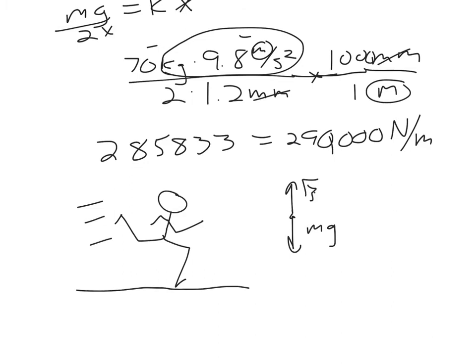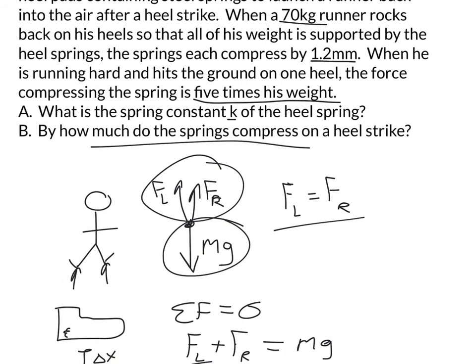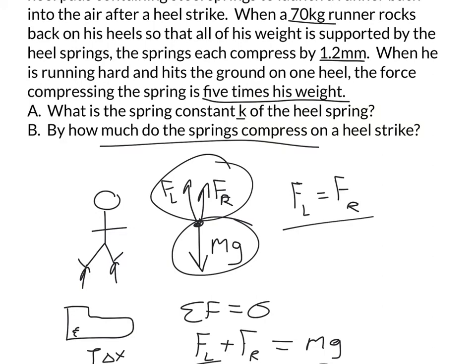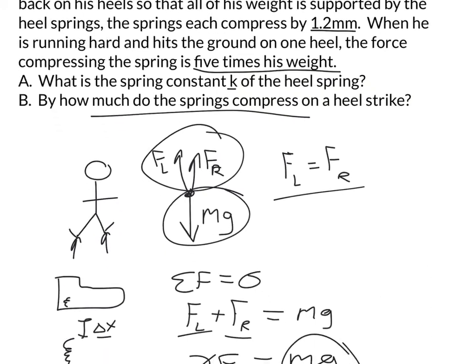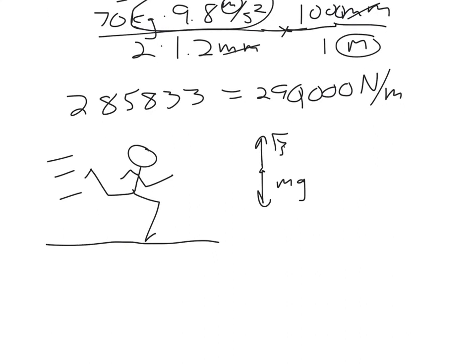So instead of the spring force equaling mg over 2, it only equals mg this time. But hang on, we have to put something up here. When he is running hard and hits the ground on one heel, the force compressing the spring is 5 times his weight. Ugh. Okay, so actually what we have to put in here is that the spring force is equal to 5 mg.